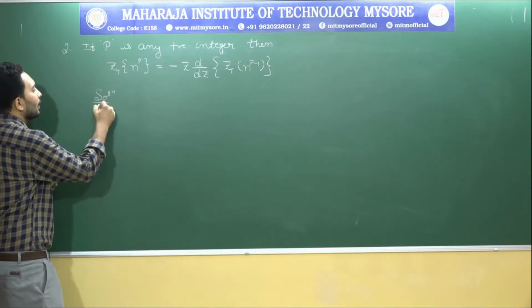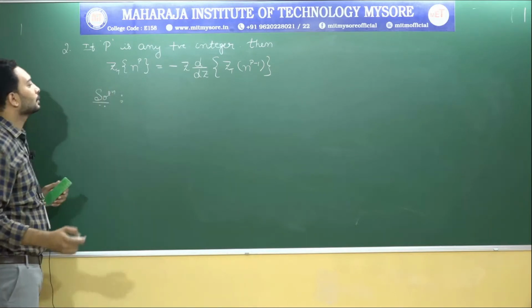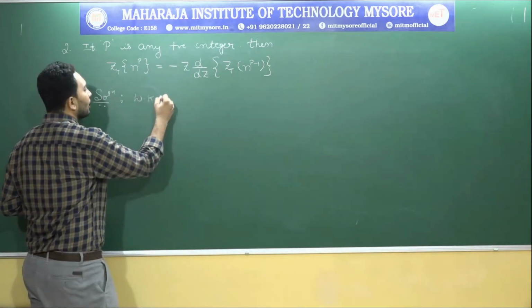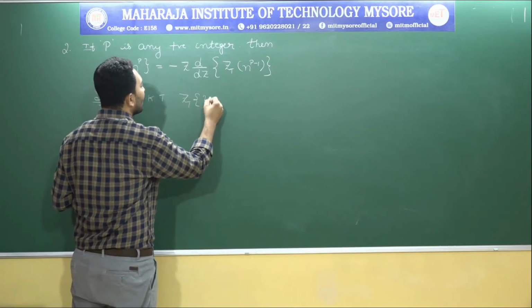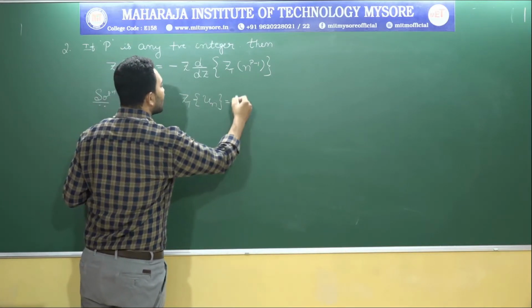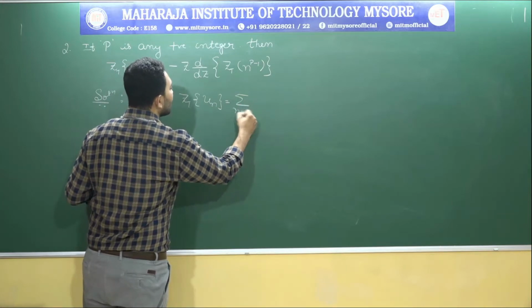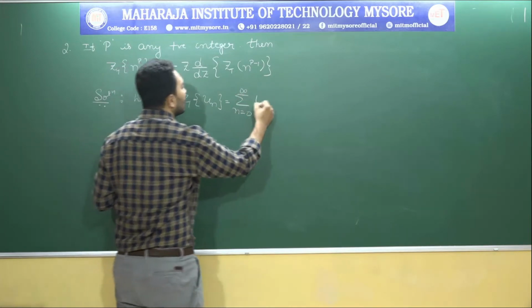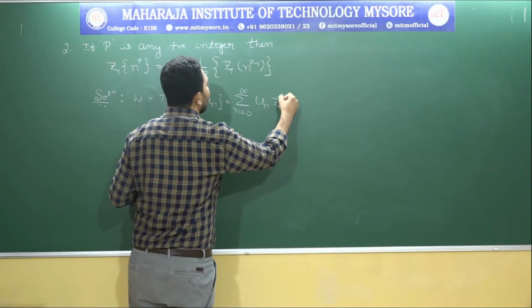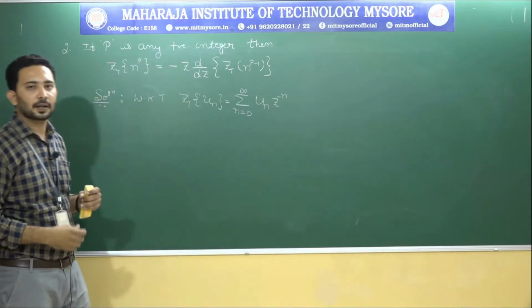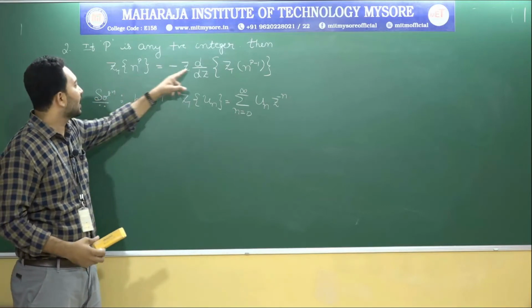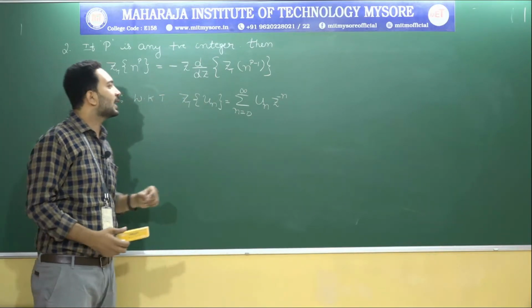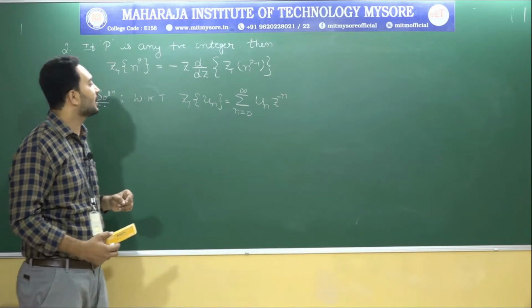Solution. We know that z transformation of un equals summation n equals 0 to infinity un into z power minus n. Now we need to prove z transformation of n power p equals minus z d divided by dz, z transformation of n power p minus 1.